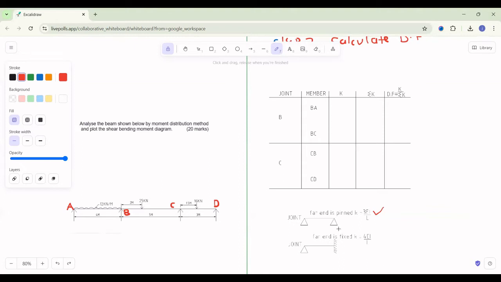For intermediate support, we treat it as a fixed support. So this is also for intermediate support.